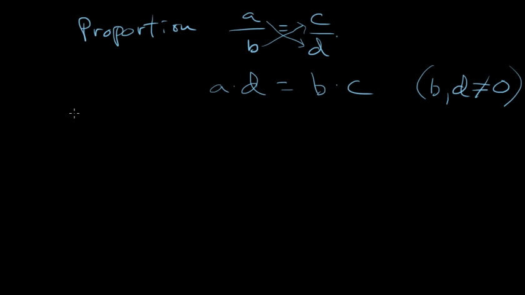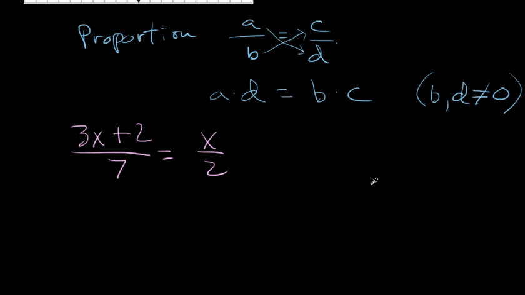But what we can do is solve proportions with this formula. Let's suppose we have (3x plus 2) over 7 equals x over 2. So we need to solve that proportion.